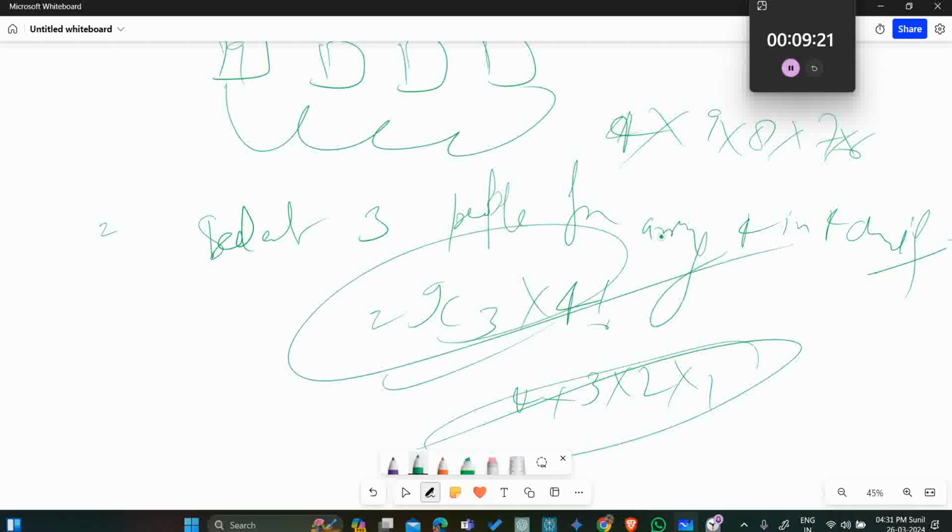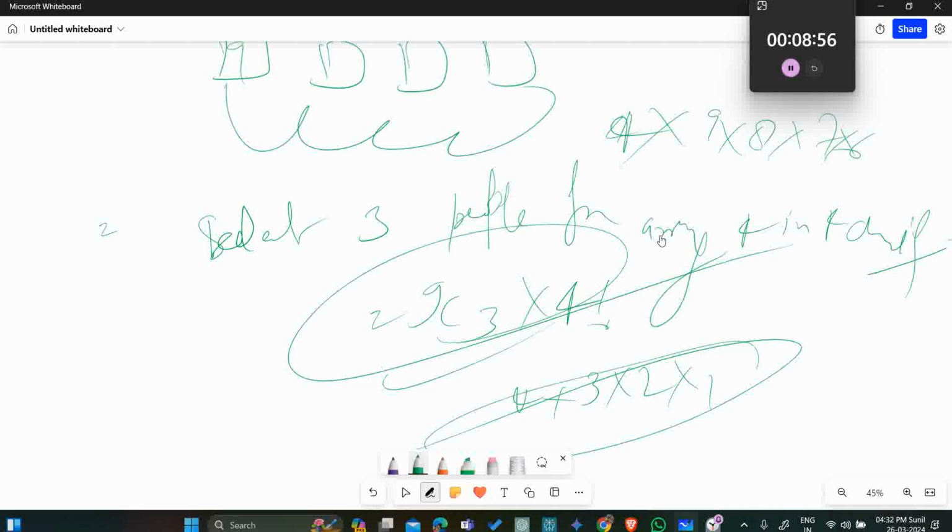So the answer is 4 into 9C3 into 3 factorial, or 4 factorial only.